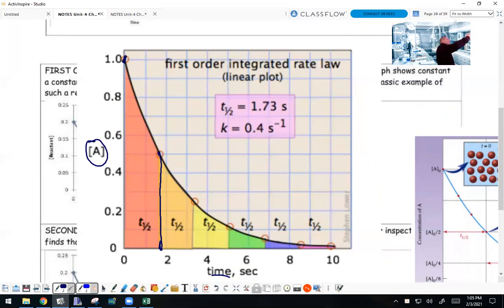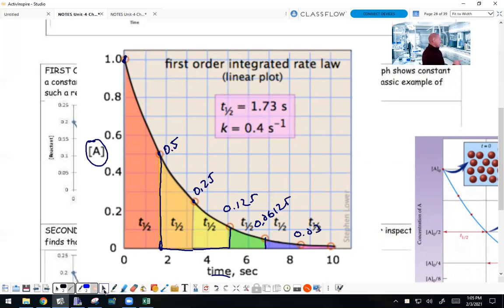The next half-life, so 0.5, then 0.25, half of that one. So another half-life. Notice it's the same amount of time. Then 0.125, half of that one, same amount of time. Then 0.0625, 0.03, get it? So half, half, half, half, half. It's very consistent. That's how you know it's a first order reaction.